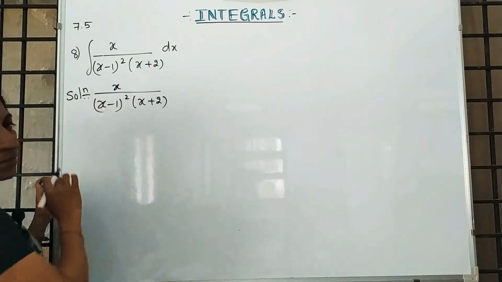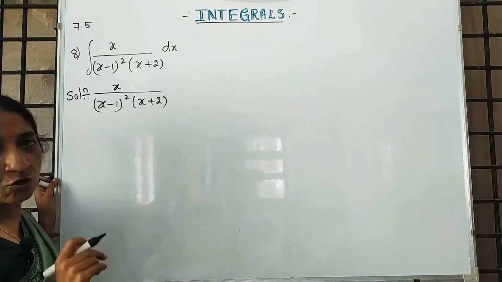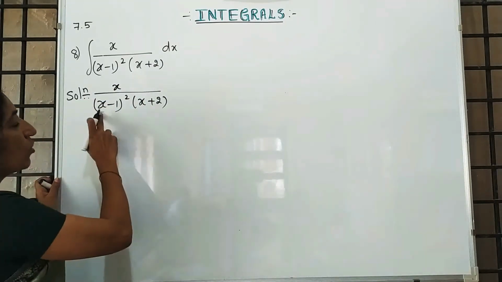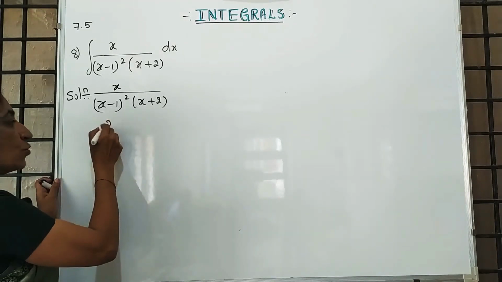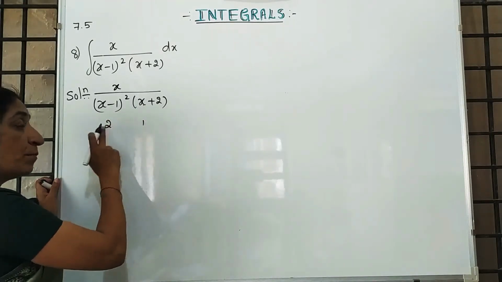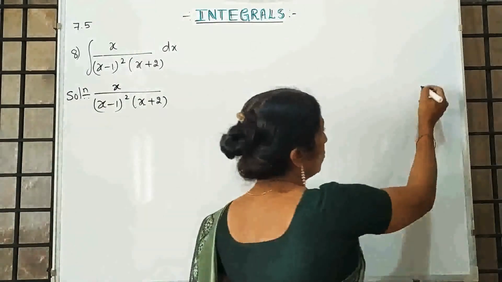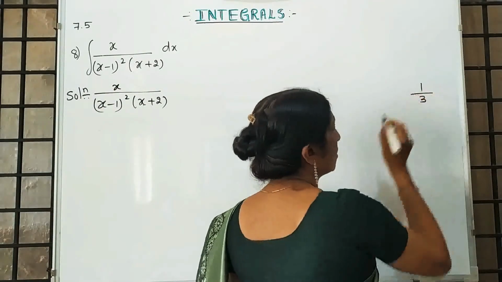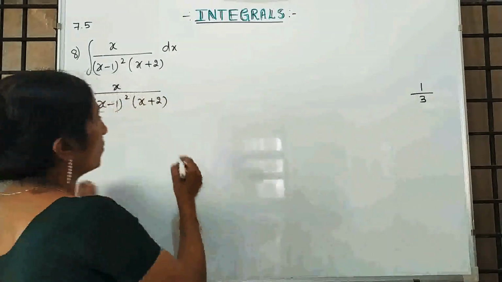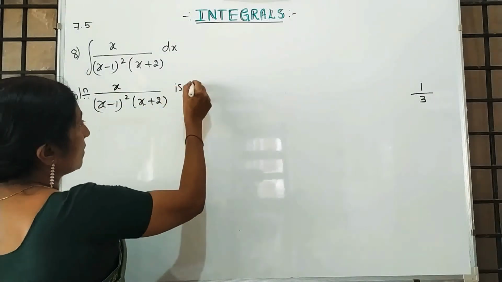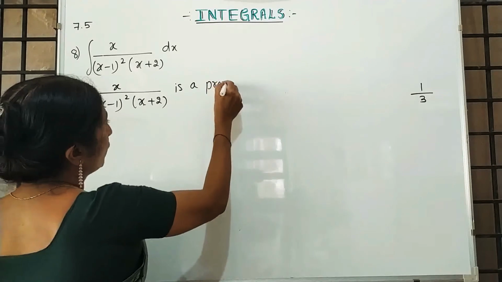What is the highest power of x in the numerator? In the numerator it is 1. In the denominator, when you expand, it is 2 and this 1, when you complete this, it is 3. So in the numerator the power is 1, in the denominator it is 3. So which type of a fraction it is? Proper. Is a proper fraction.